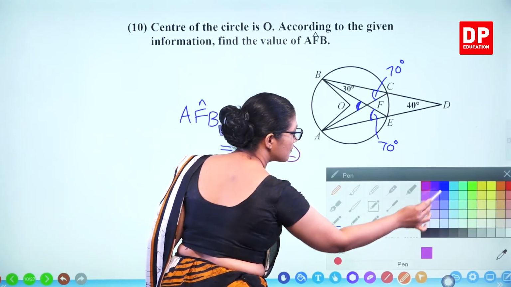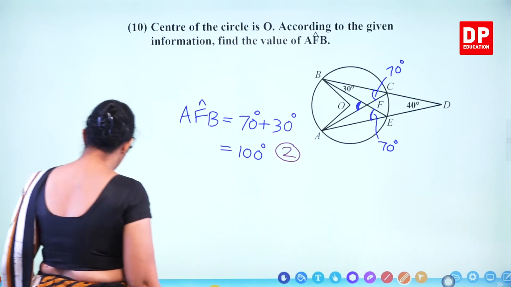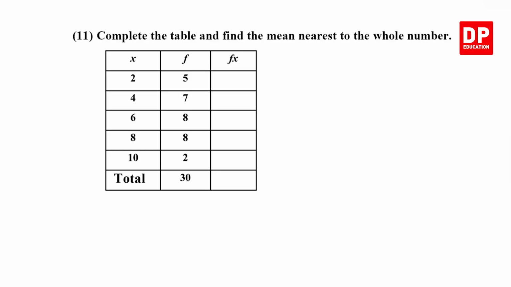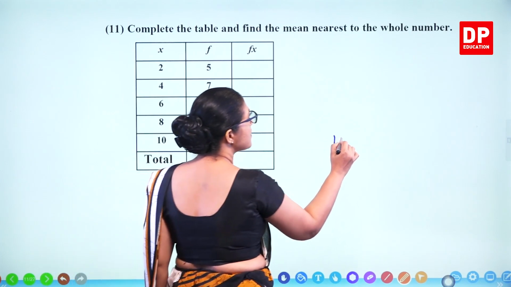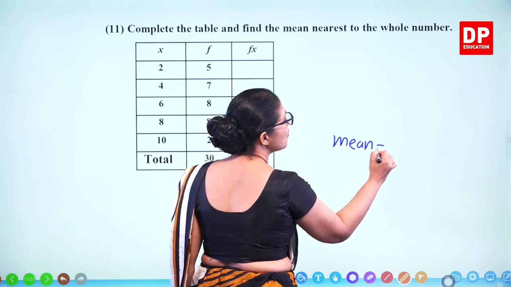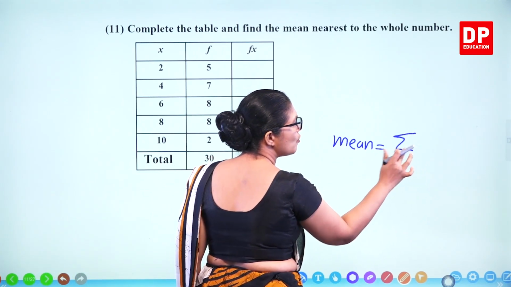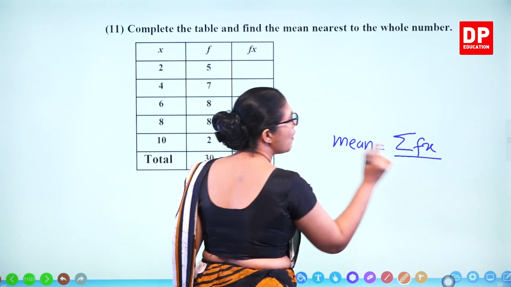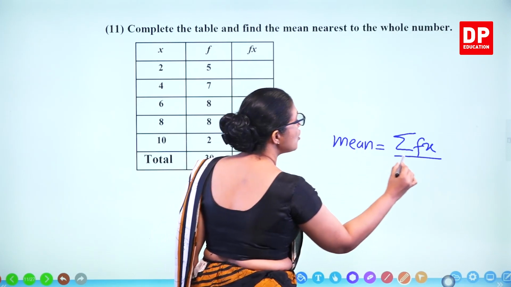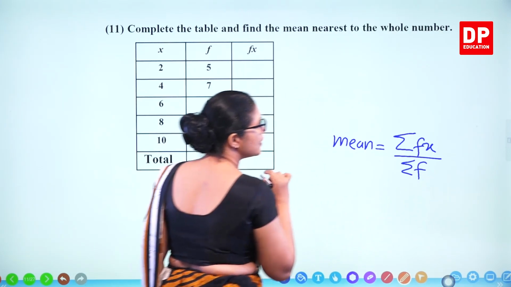Question number 11. Complete the table and find the mean nearest to the whole number. So how you find out the mean? Total of fx. So we write sigma notation. Don't worry about this symbol. You already know that. Total of fx over total of f.